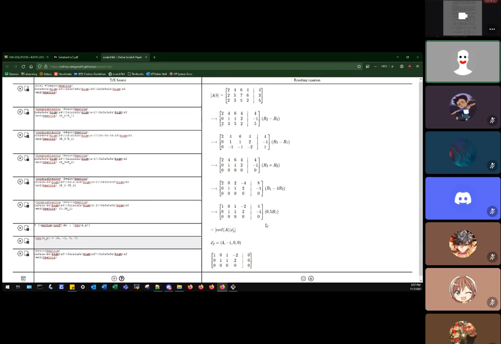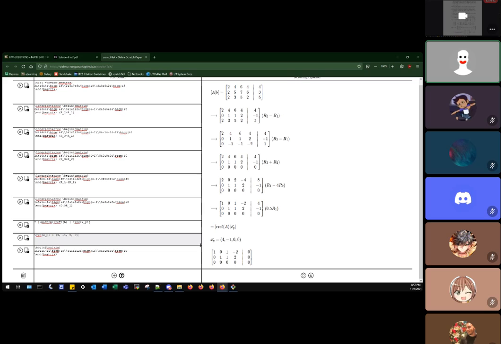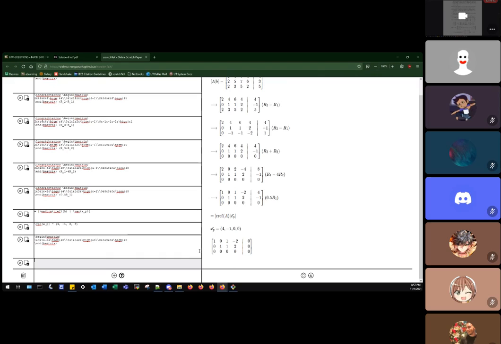We found the particular solution. Now we want to find the special solutions to this system. The way we do that is we multiply this matrix, not the whole augmented matrix, which is the REF of A, by a vector called XS, which stands for special solution, and we set that equal to the 0 vector.